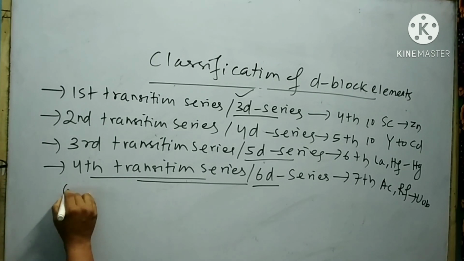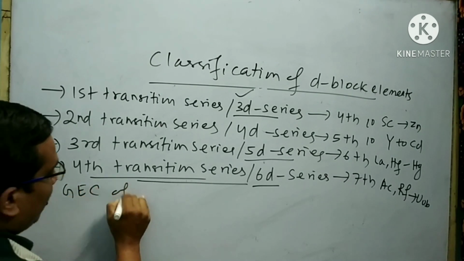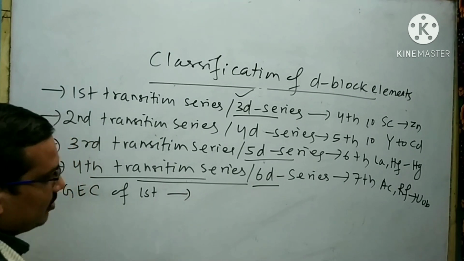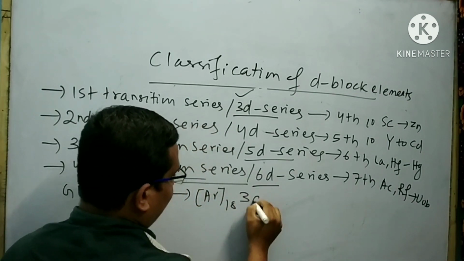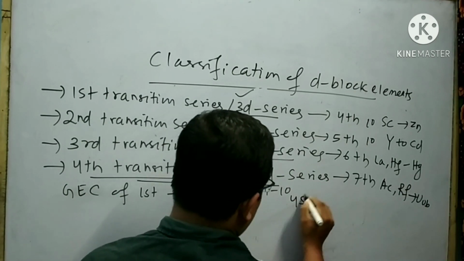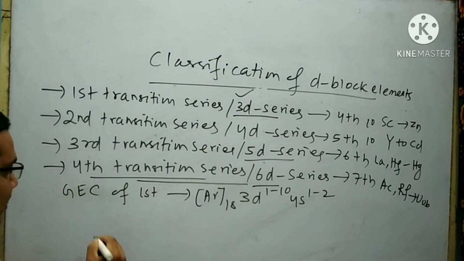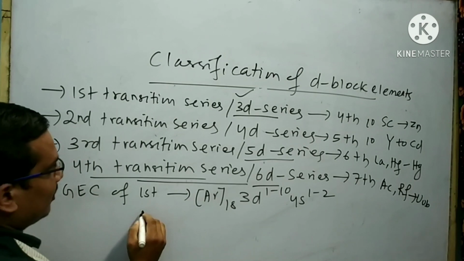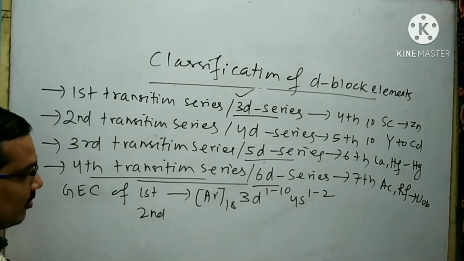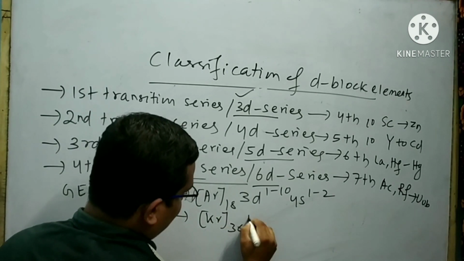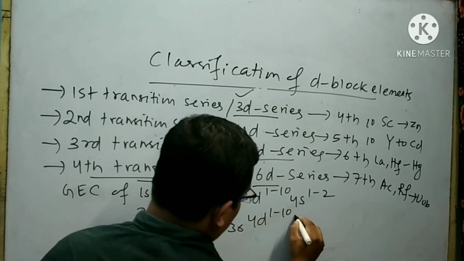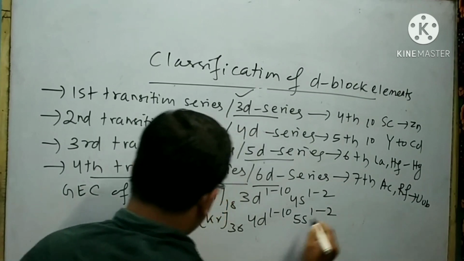The general electronic configuration of the first transition series is argon 18, 3d 1 to 10, 4s 1 to 2. For the second transition series, it is krypton 36, 4d 1 to 10, 5s 1 to 2.